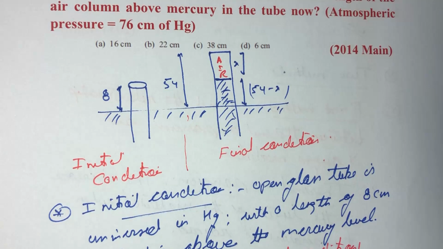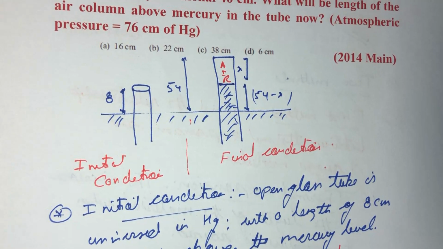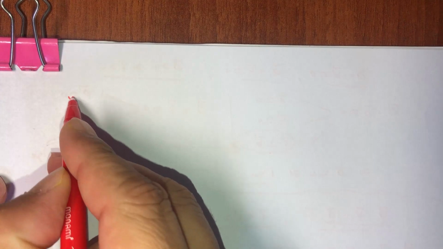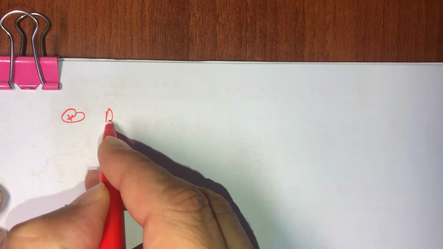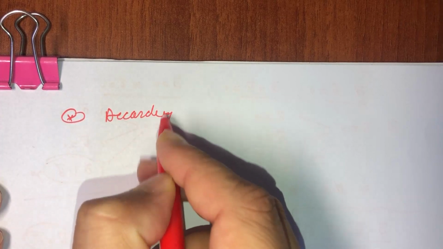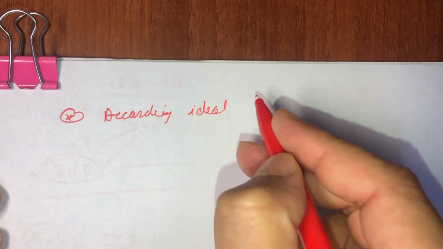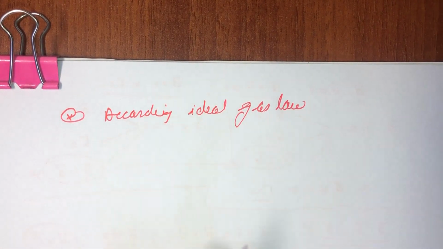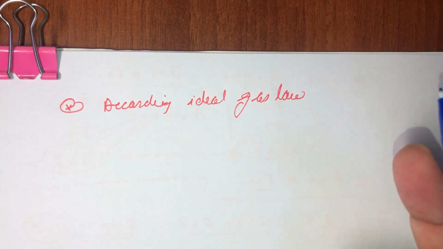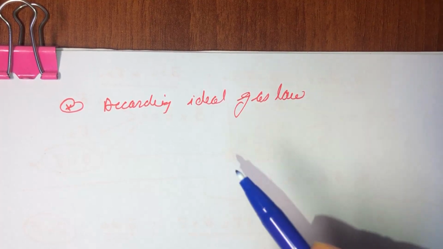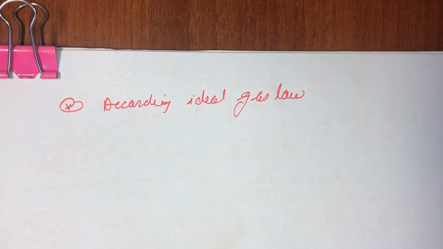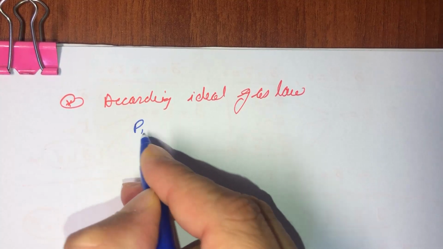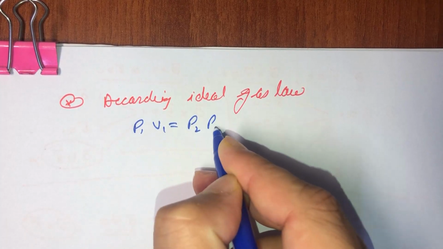Now we are going to use the ideal gas law, PV equals nRT, and n, R and T will be all constant, so we can say P1 V1 is equal to P2 V2.